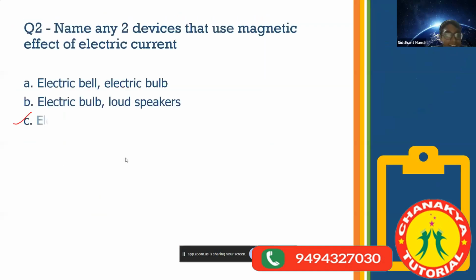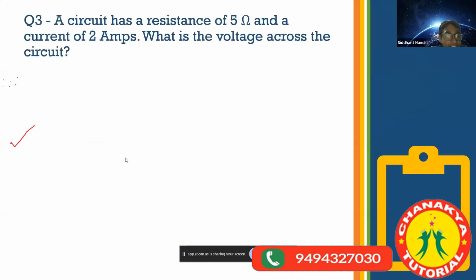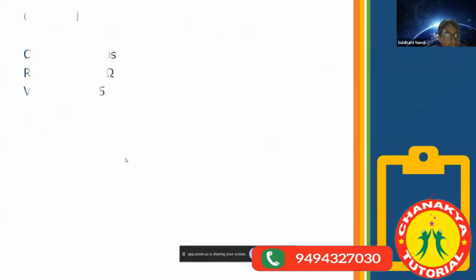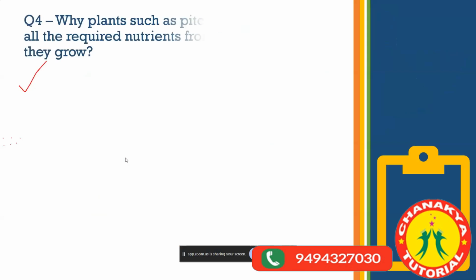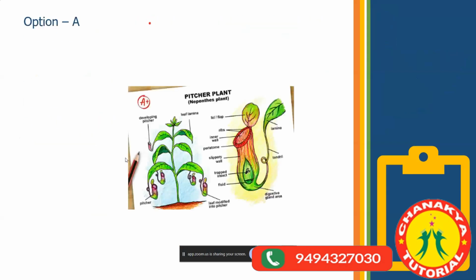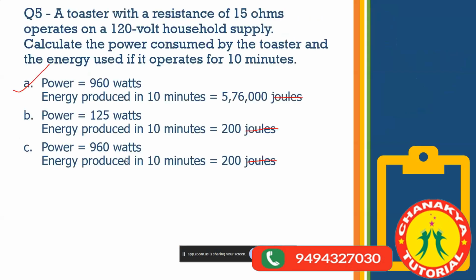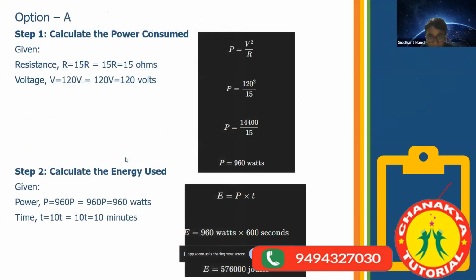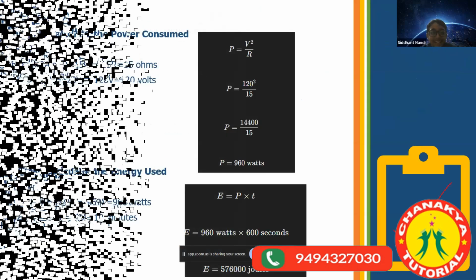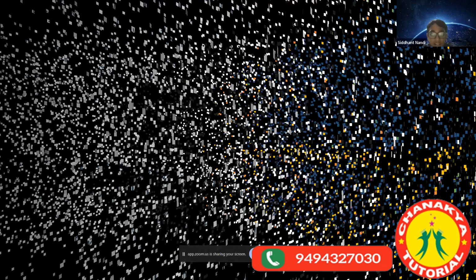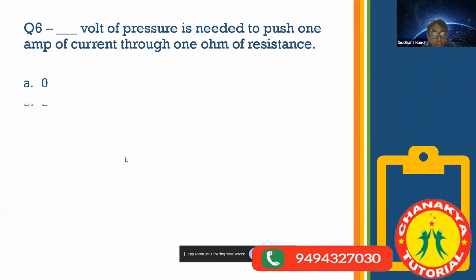Ma'am, they were done till question 4. No, we are done with question 5. We need to do question 6. Okay, so question 6 is this. Charvik.